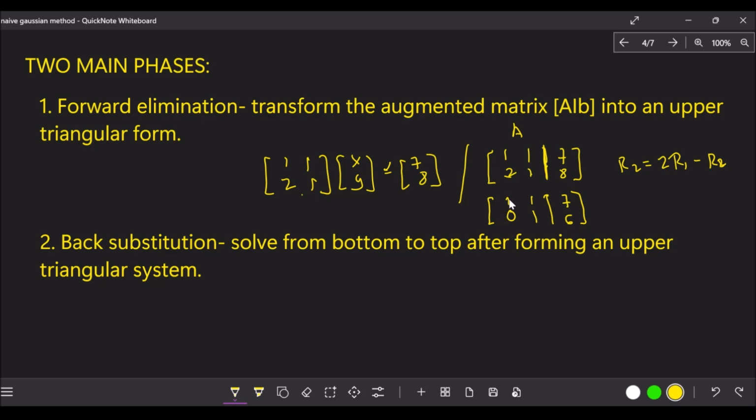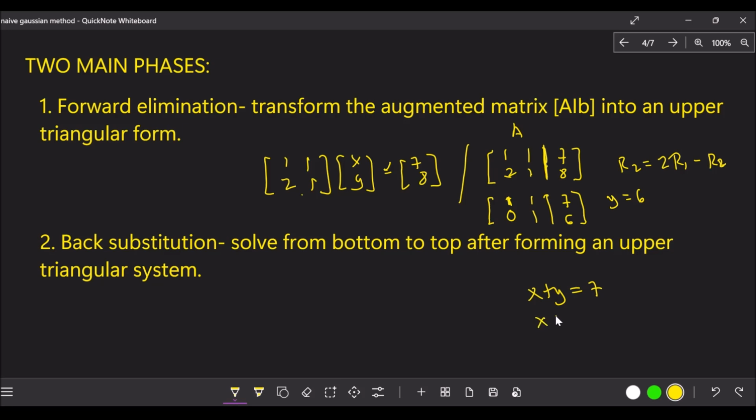Now this has become an upper triangular matrix. From this, we know that this side is for y, so y is equal to 6. What we are doing now is back substitution, solving from bottom to top after the upper triangular matrix. Our y is equal to 6. Then we substitute this into the equation x plus y equals 7.